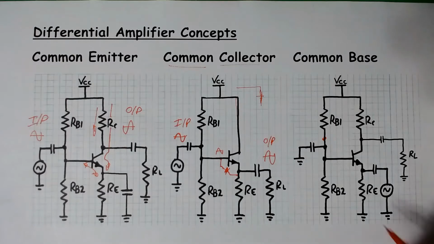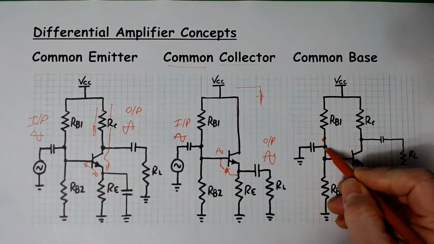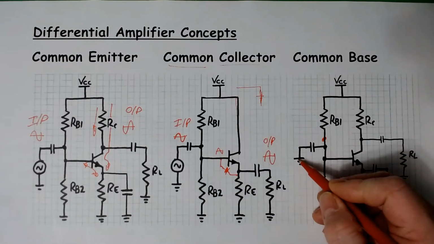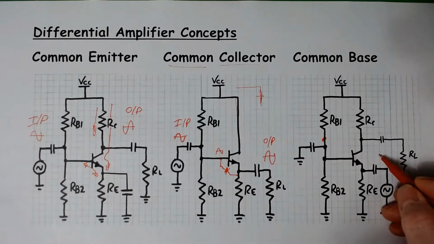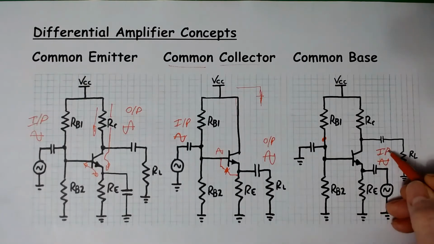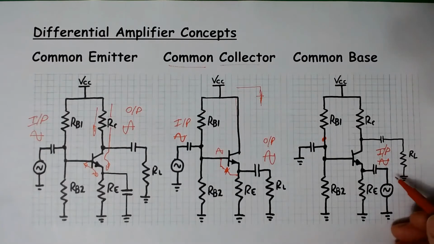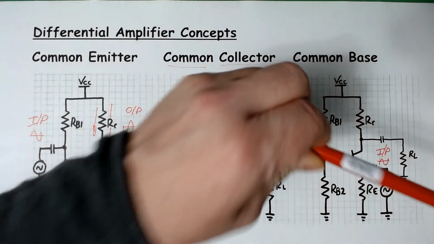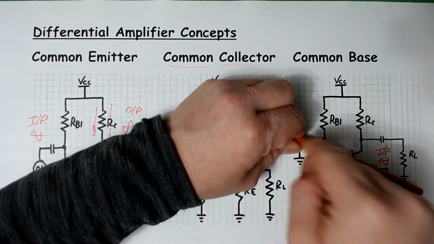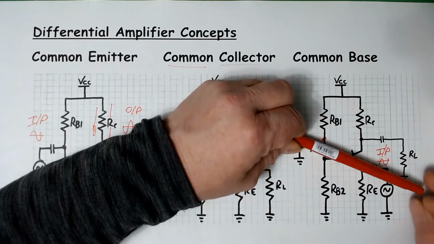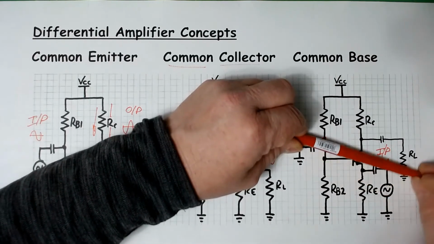And then finally on the common base, now we're grounding the input to an AC ground point, and we're applying the signal. So we're going to apply an input signal to the emitter. So we're going to feed our input in this way. So on this one here in the common base, what you're essentially doing is fixing the base at a fixed ground point. You're putting a stake in the ground and saying that is stuck at that point, and you're wiggling the emitter side.